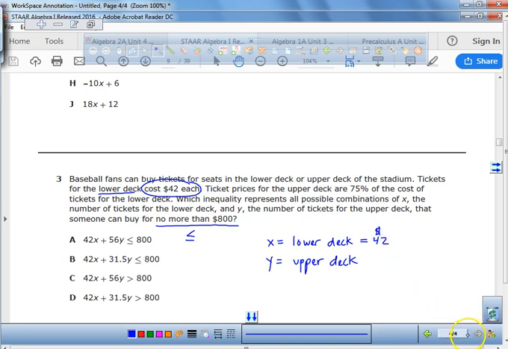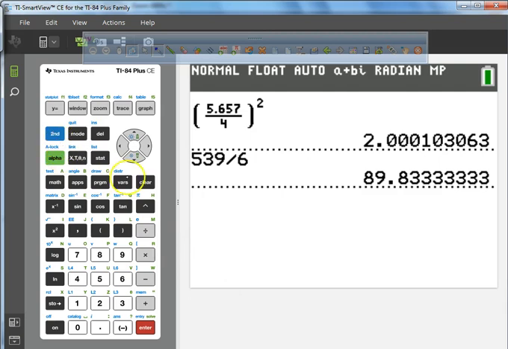That's lower. Now, if we want it to be 75% of the cost of the lower deck, what you got to do is take that 75%, change it to a decimal, and multiply it by 42. Can you guys do that? 0.75 times 42.